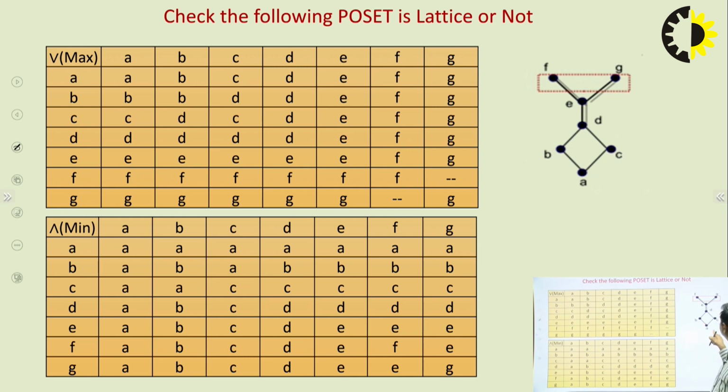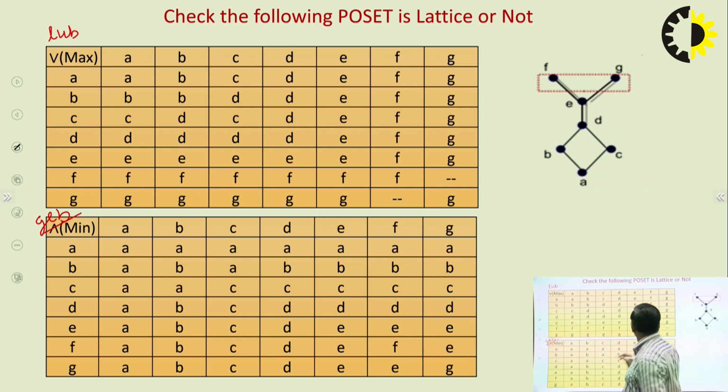There are 7 elements A, B, C, D, E, F and G. We will write all the elements in the column and all the elements in the row. Then we find out the maximum and minimum for each and every pair. For the maximum we say the LUV, and for the minimum we say the GLB.